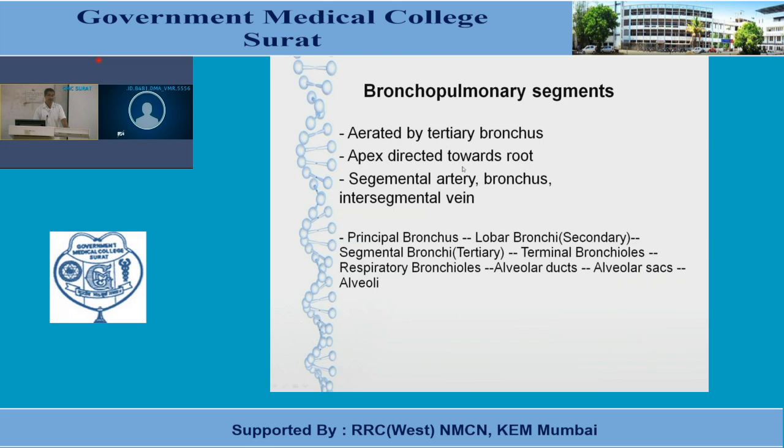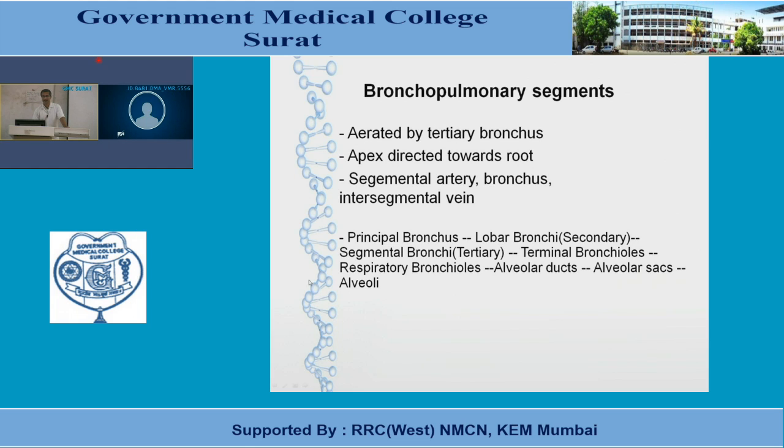Now the bronchopulmonary segment. If we trace the trachea, it will divide into right and left principal bronchus, and these will divide and redivide again. First, the right or left principal bronchus will divide and form the secondary or lobar bronchus.